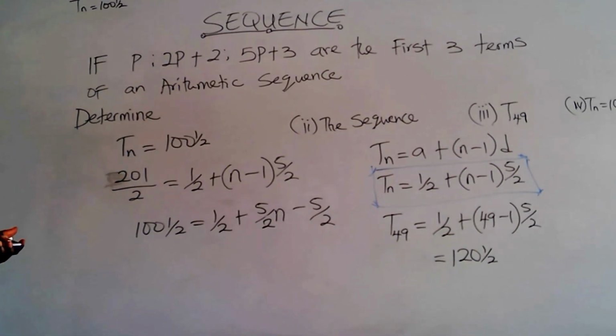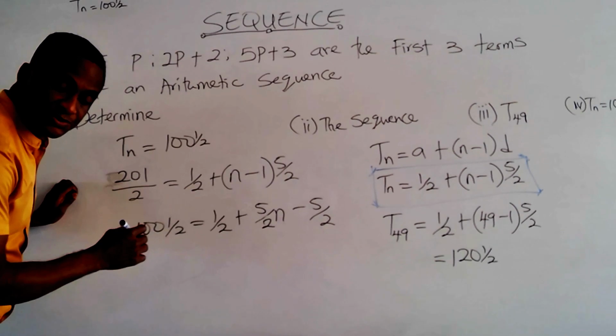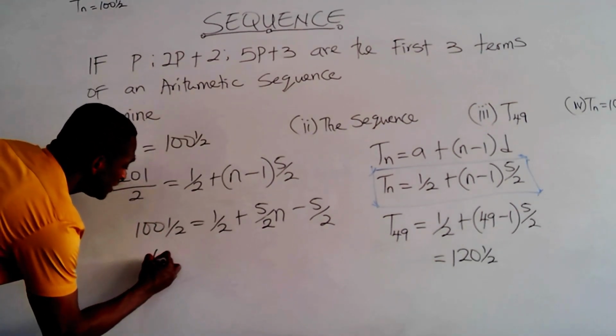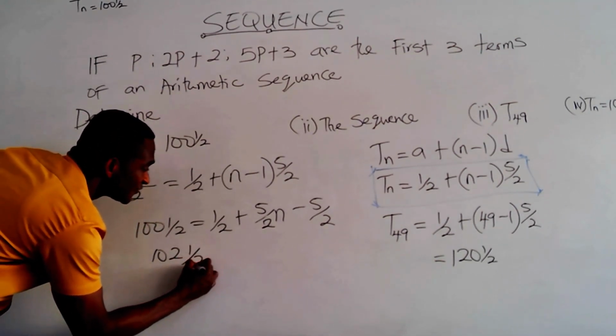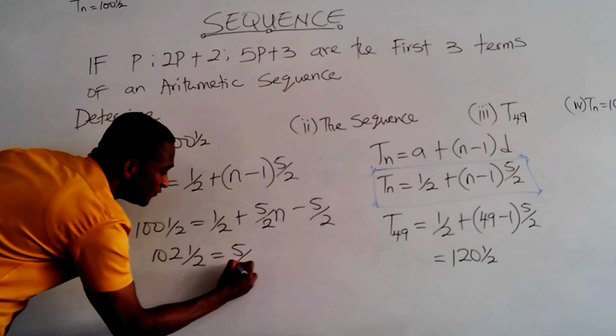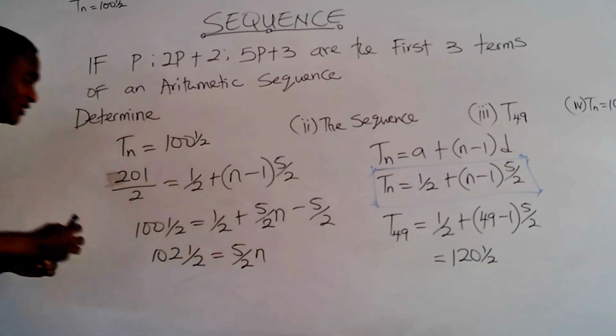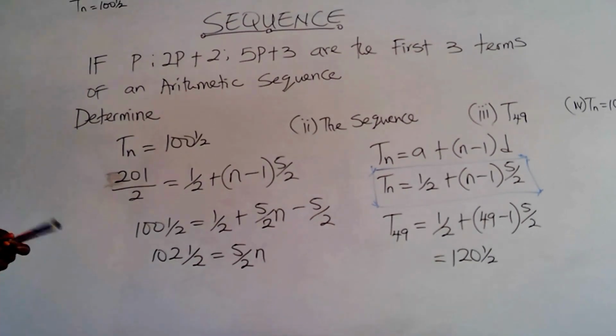This is 100 and a half, and we have a half, so we have 102 and a half equals 5 over 2n.